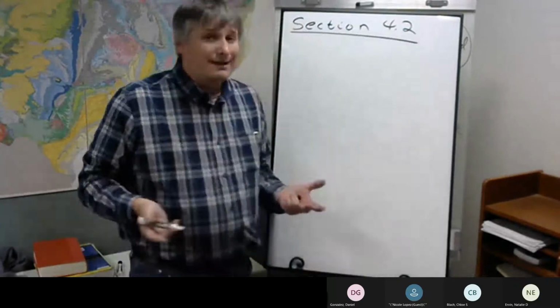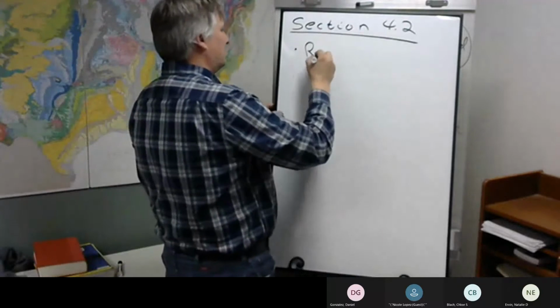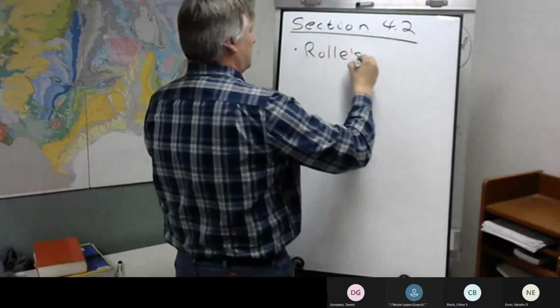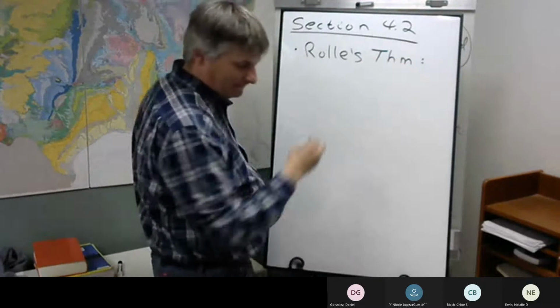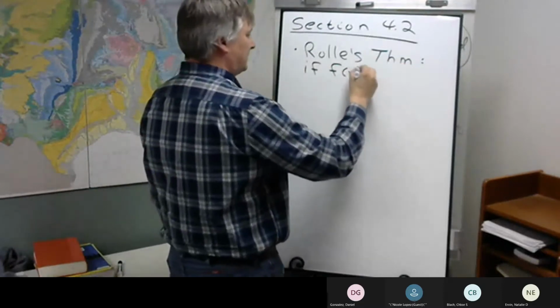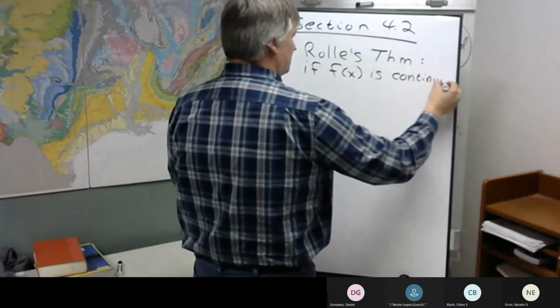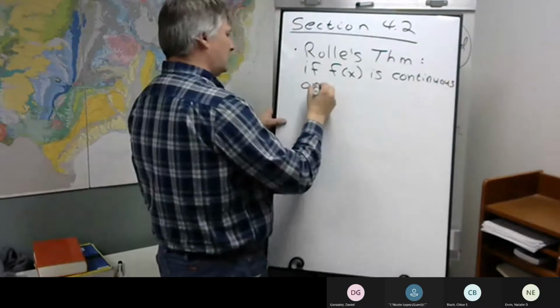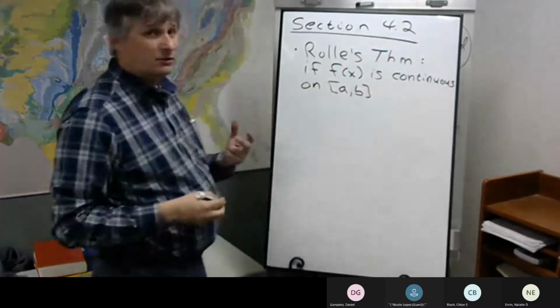So just looking at 4.2, there's basically two ideas in 4.2 we're going to look at. And the first one is Rolle's theorem. And what it says is this. If f of x is continuous on a closed interval, again, we're emphasizing these closed intervals.